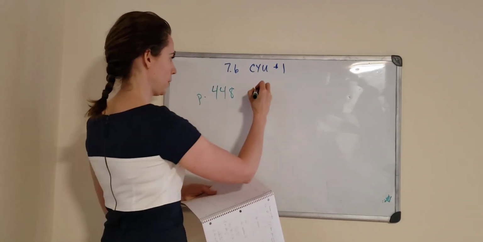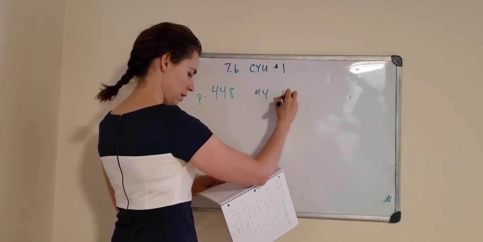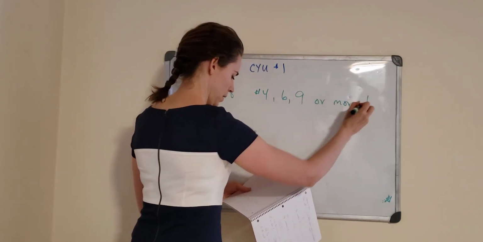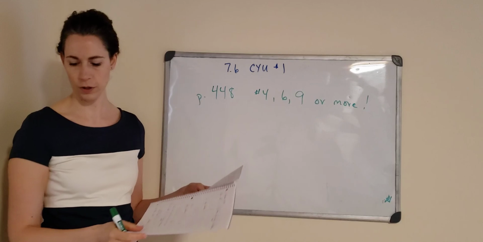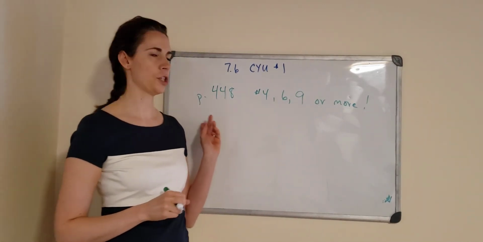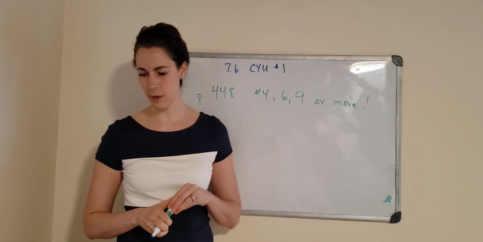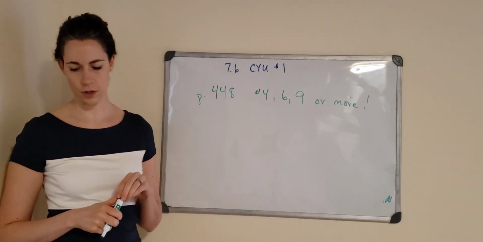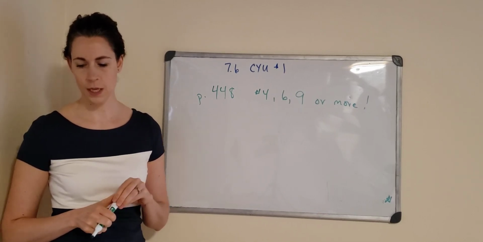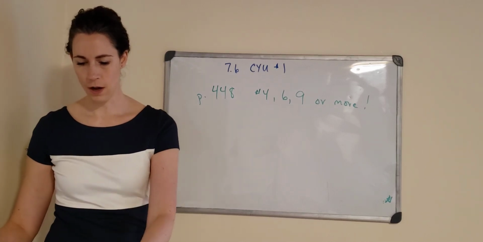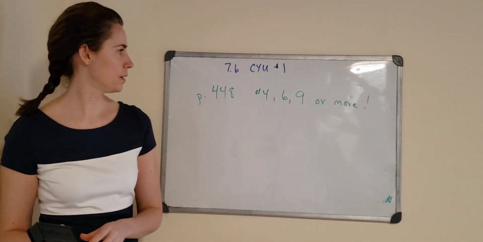Look at number 4, 6, 9, or more. I always say that because you are always welcome to look at more questions. And I'll just tell you this now, that when I give you your assignment at the end of this unit, you are going to be doing number 7. So if you feel like doing that right now, feel free, because you will be doing 7, A, B, and C.